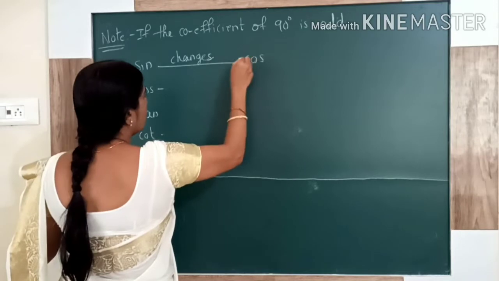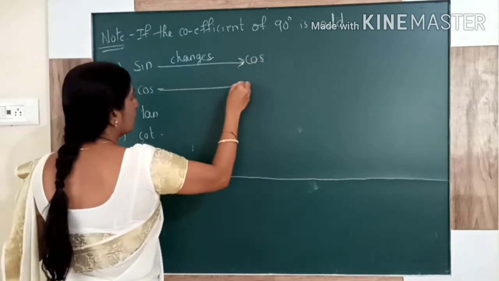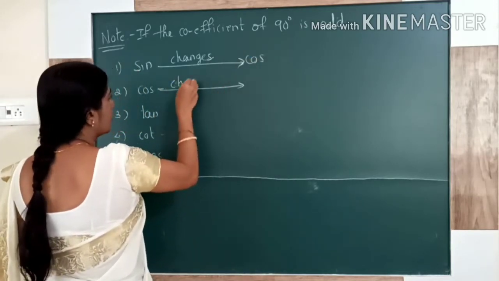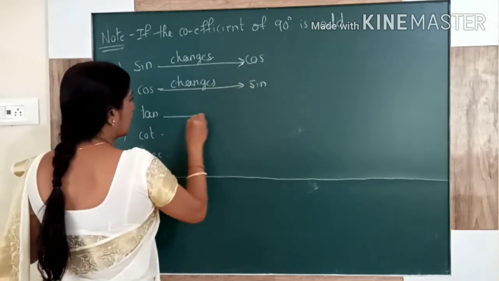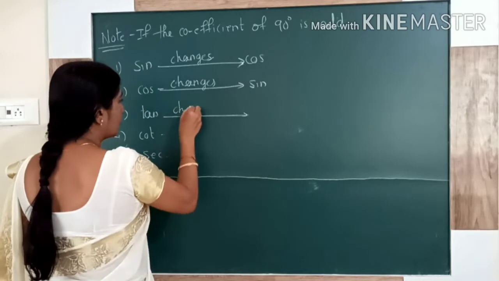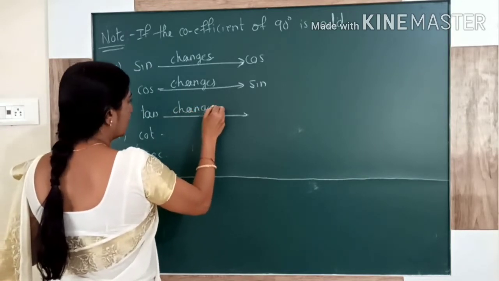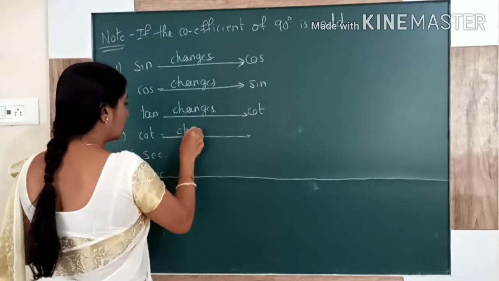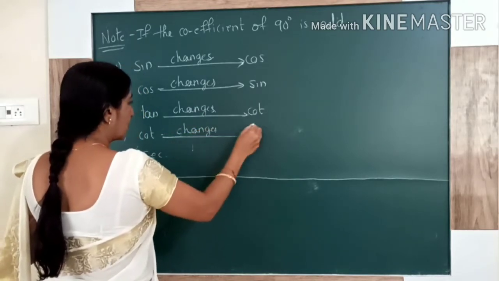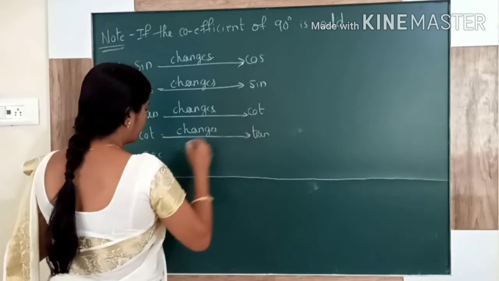Sin changes to cos. Cos changes to sin. Tan changes to cot. Cot changes to tan. Have you been writing or not?